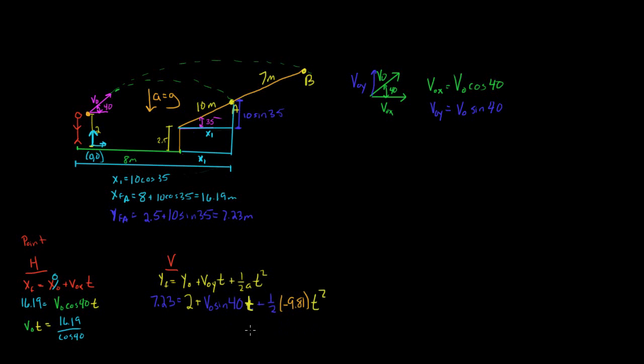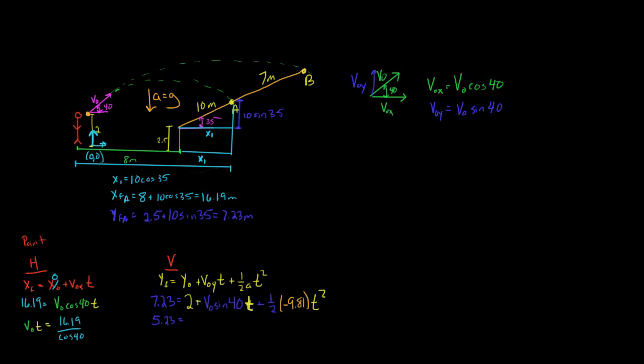So what do we do now? Well, we have this expression right here that v naught times t is equal to this expression. So if we substitute this v naught t in right here, and move this 2 over to the other side, we get 5.23 is equal to this v naught times t.